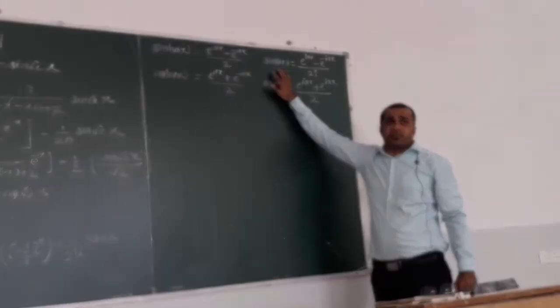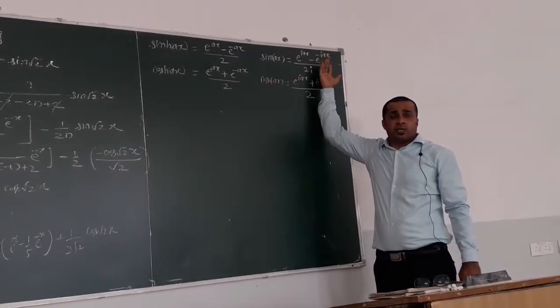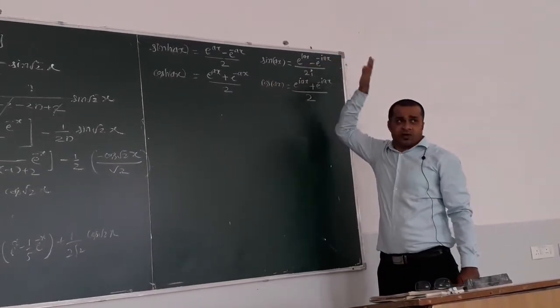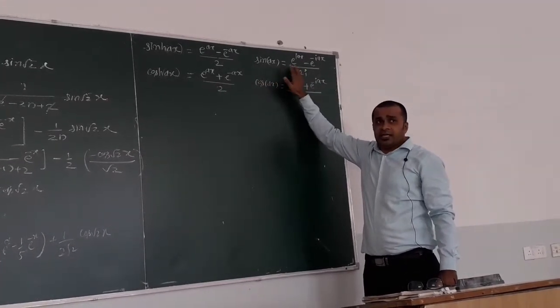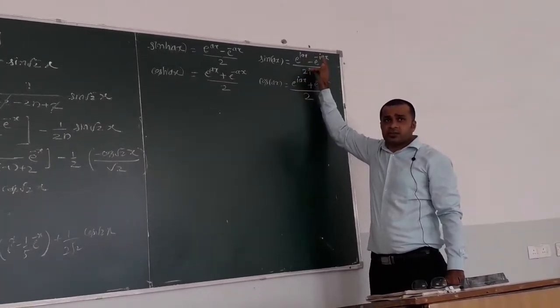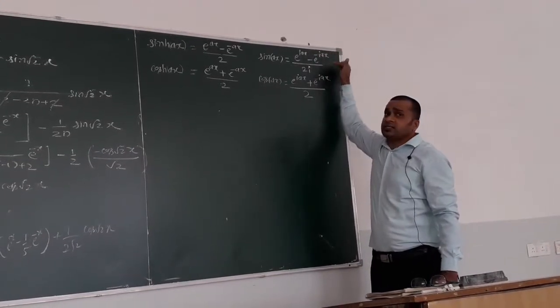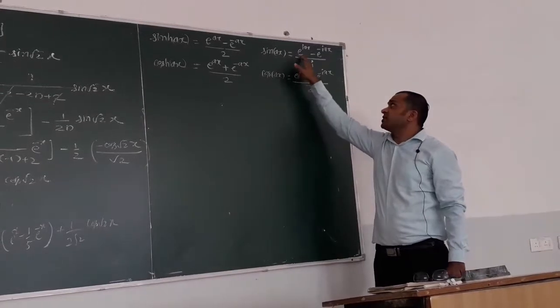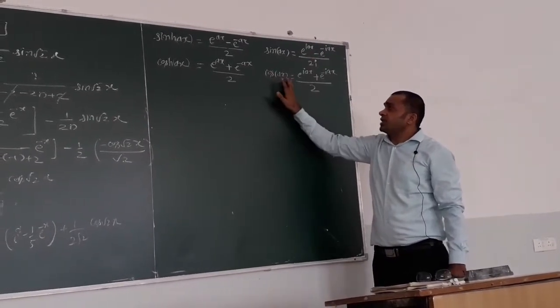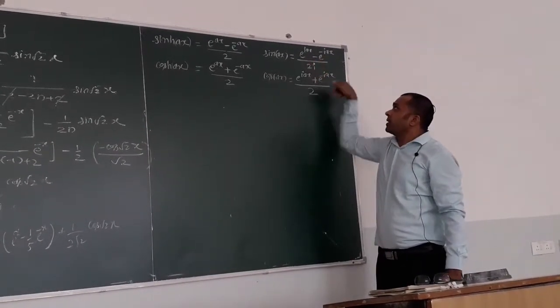Now we have the same formulae for the circular sine and cosine, the relation with respect to the exponential function. It is given by sin ax equals e raised to the power iax minus e raised to the power minus iax upon 2i. i is here for the sine and minus is in between. For cos ax, the formula will be completely the same.